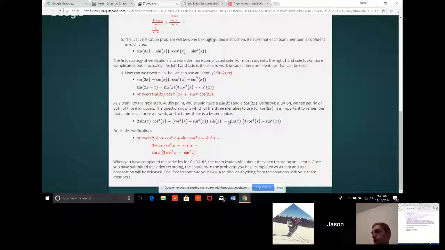Because then once they did that, that equals the right side. So I understand how they got from this down to this, but I don't know where the 3 came from. That's the only thing I'm confused about.